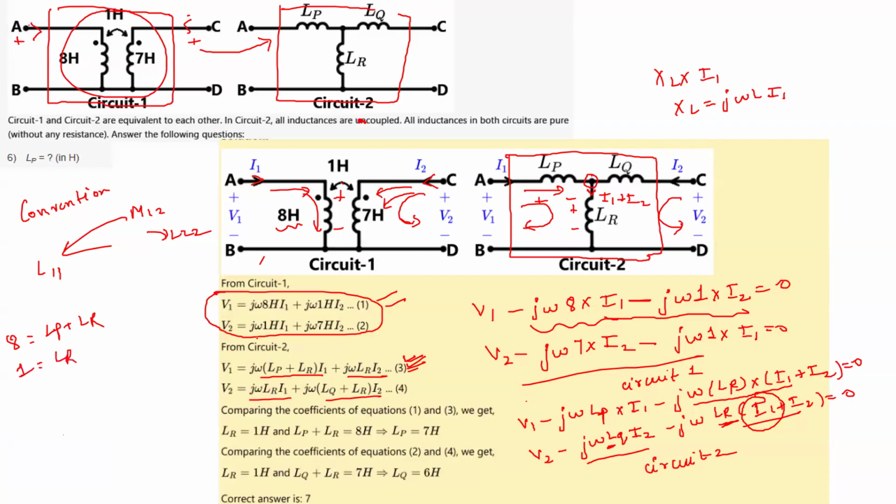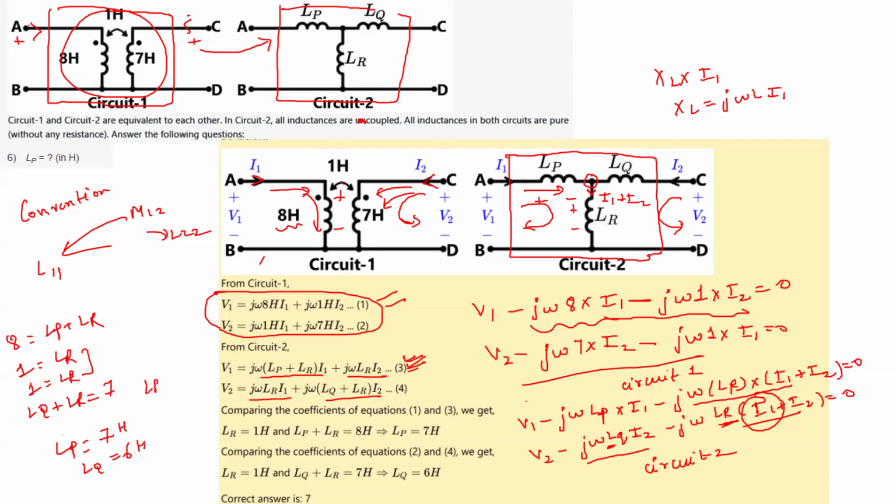The coefficient here is also 1, equal to LR. And the coefficient of LQ plus LR is 7. So LR is 1 from this calculation. LP plus 1 is 8, which means LP is 7. And LQ plus 1 is 7, which means LQ is 6 Henry.